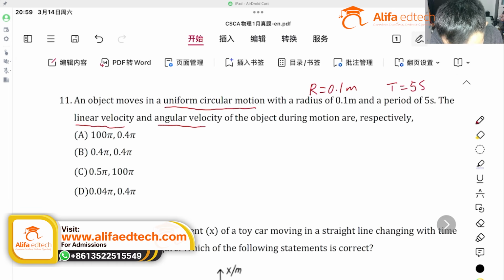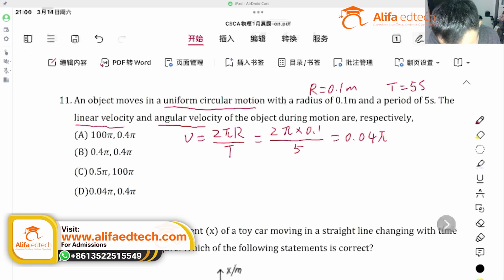Linear velocity v is 2 pi r divided by T, so it is 2 pi multiplied by 0.1 divided by 5. It is 0.04 pi.